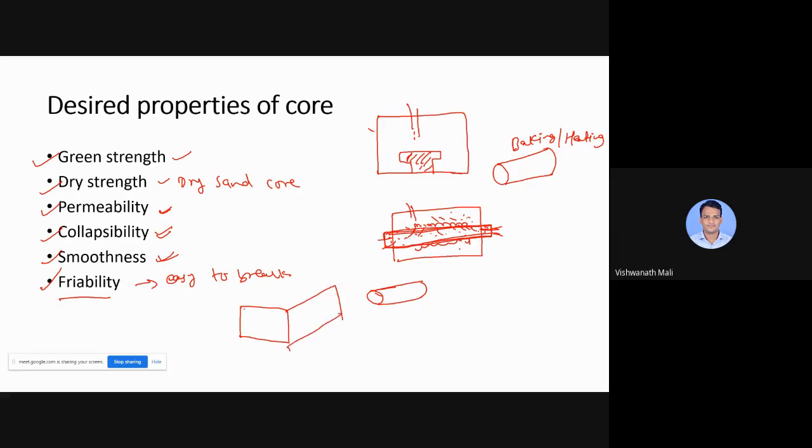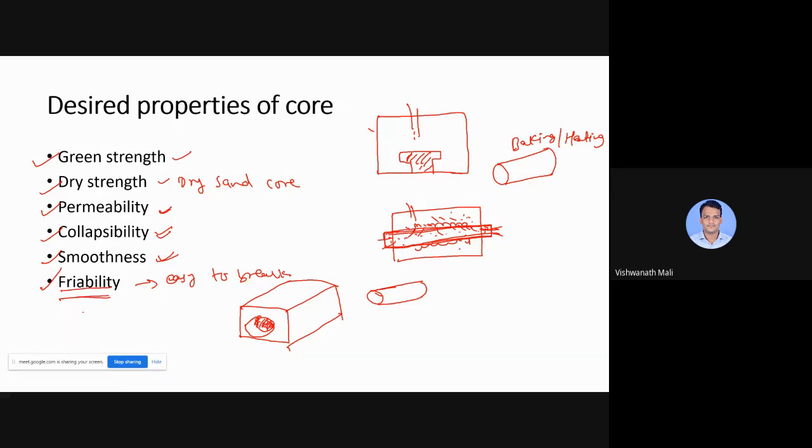This is the part in which we want the hole, and with the help of the core we have made the hole. But the core is fitted into this part, and we need to remove it. So while breaking, it should break easily. That property of easily breaking is known as friability. So it should have good friability.